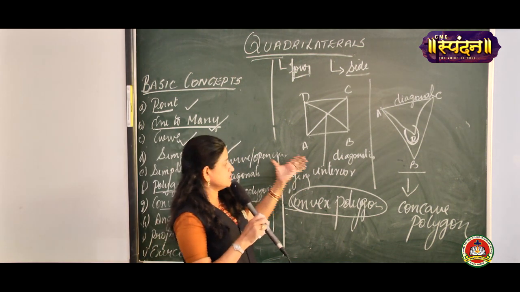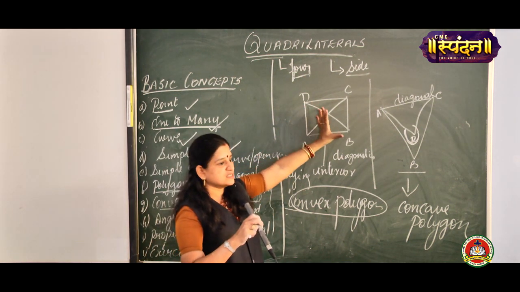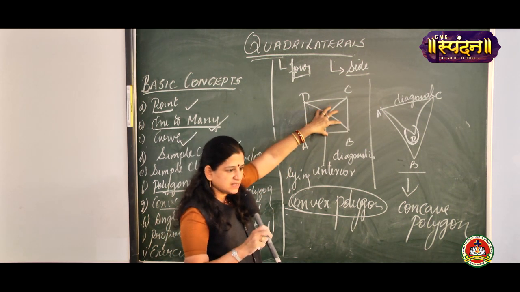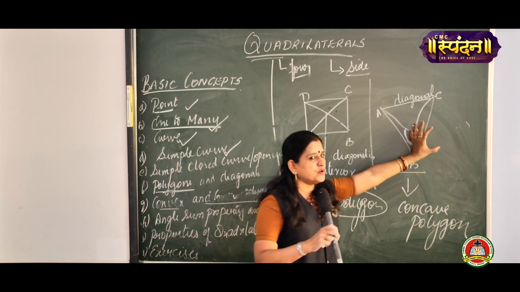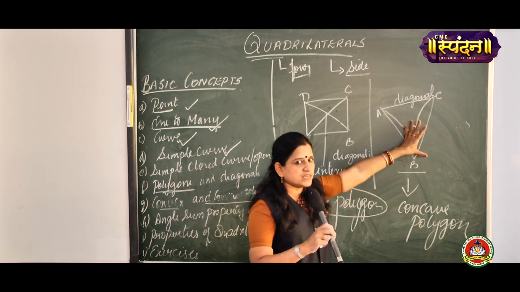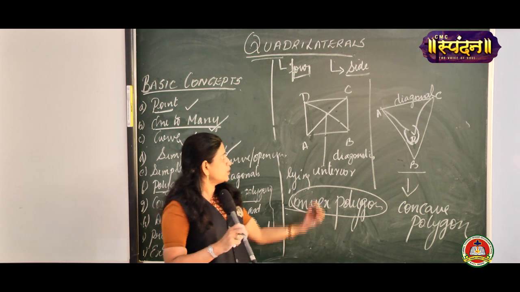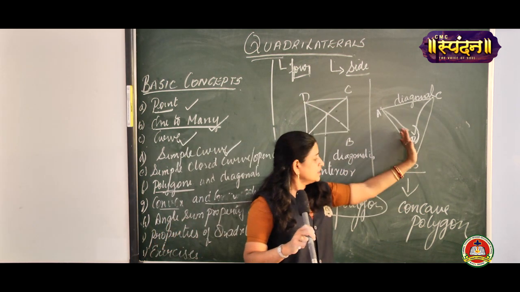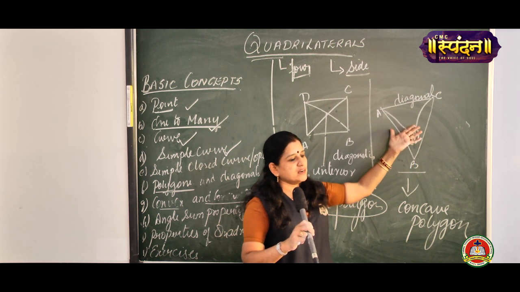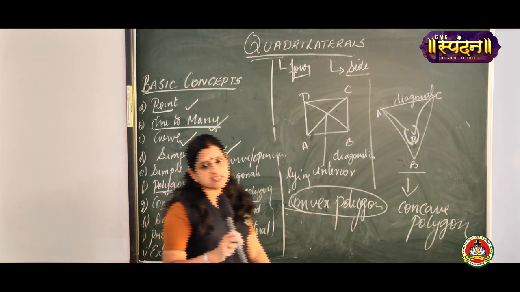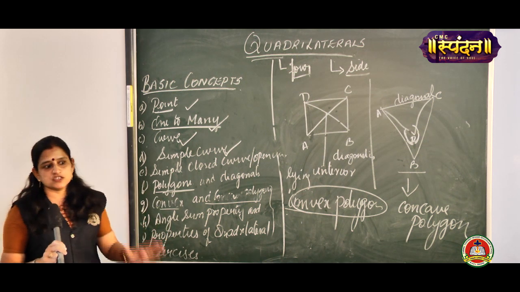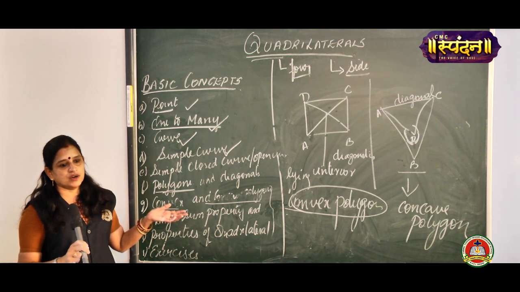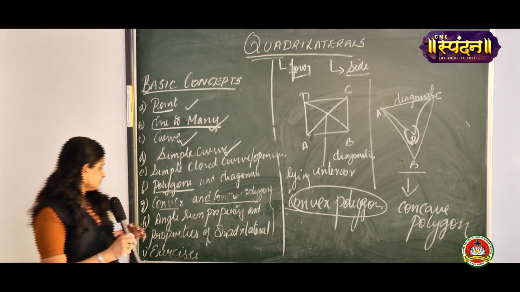So only two differences are there. First, in the convex polygon the diagonals lie in the interior. In the concave polygon the diagonals lie outside the figure. In the convex polygon no angle is a reflex angle, whereas in a concave polygon at least one angle will be a reflex angle. So hope you understood the difference between convex polygon and concave polygon.